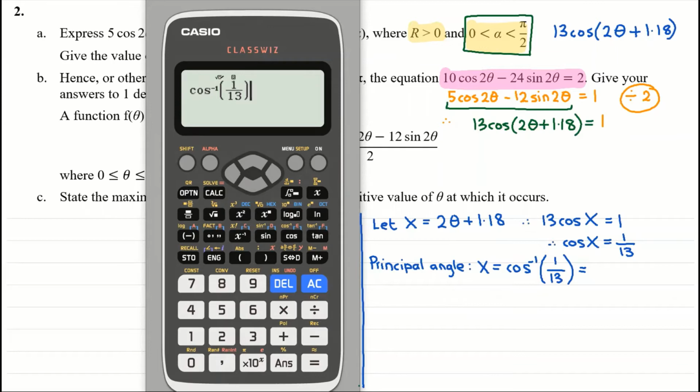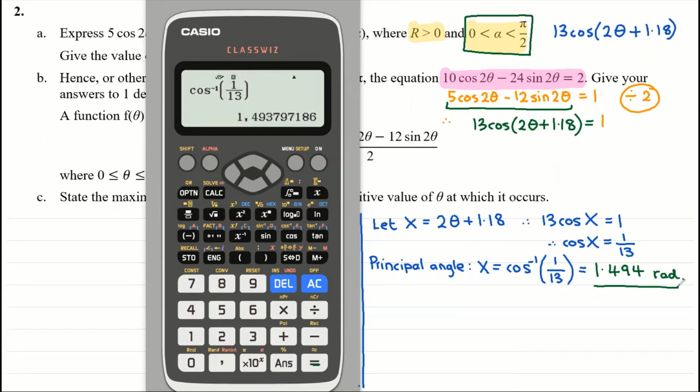Okay, we get 1.494. So I'm going to write that to 3 decimal places, I think, because the accuracy for alpha was 2 decimal places, and I want to maintain accuracy at the end. So that's going to be 1.494 radians. Okay, so that's our principal angle.